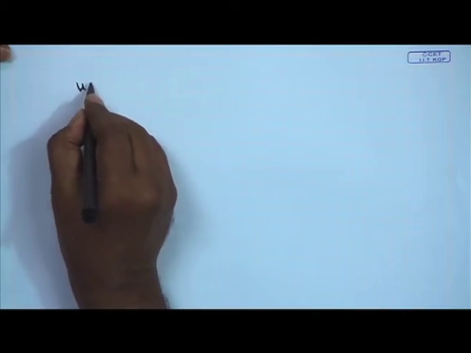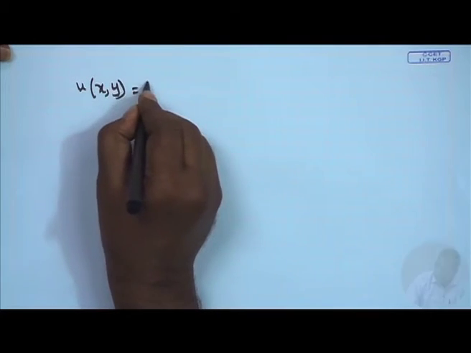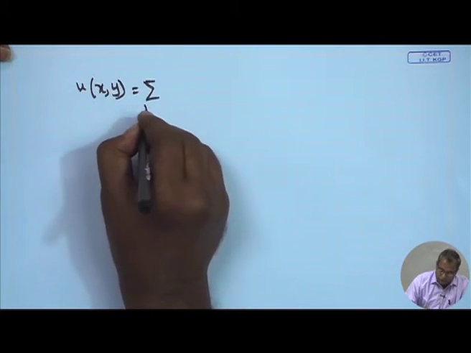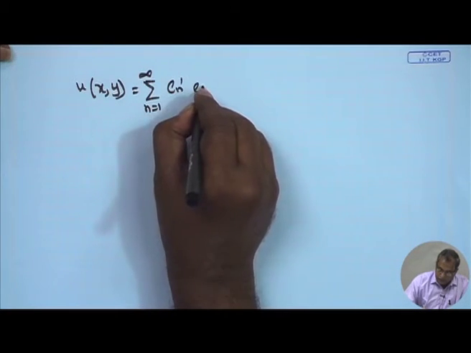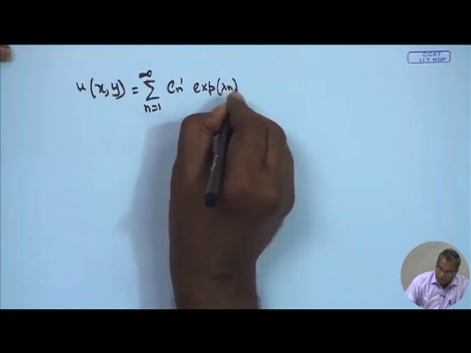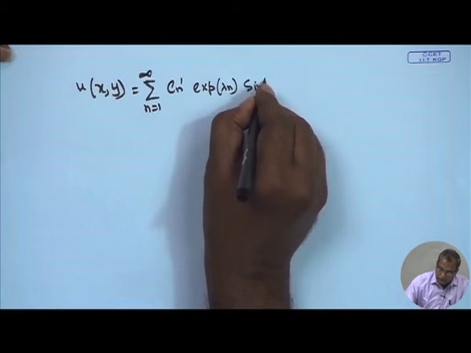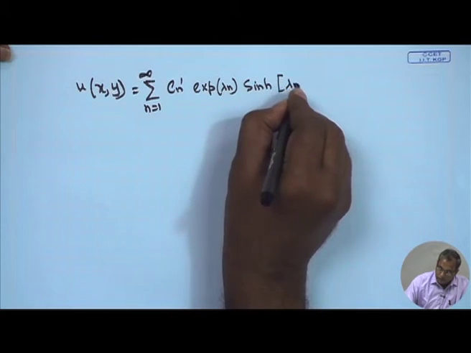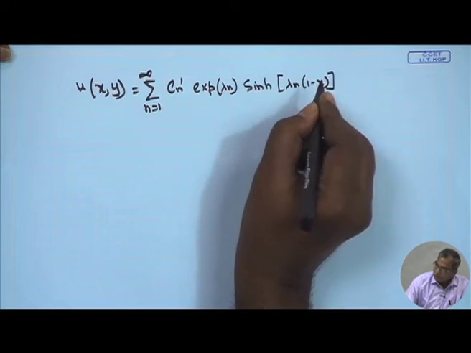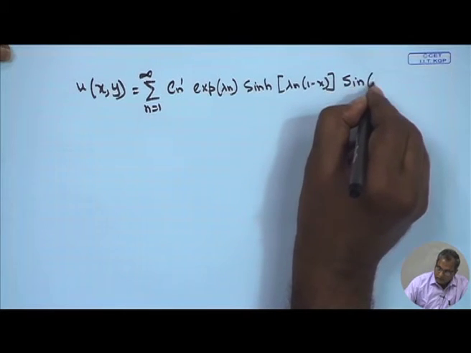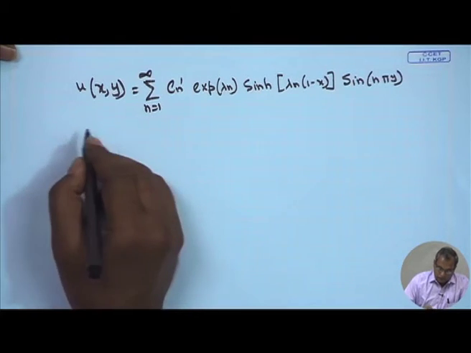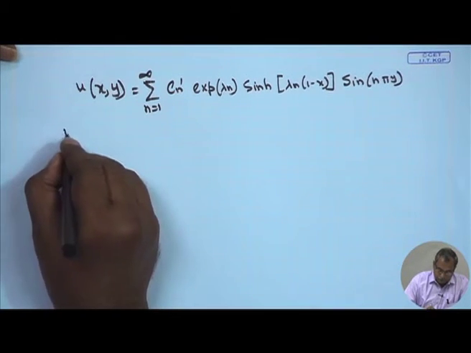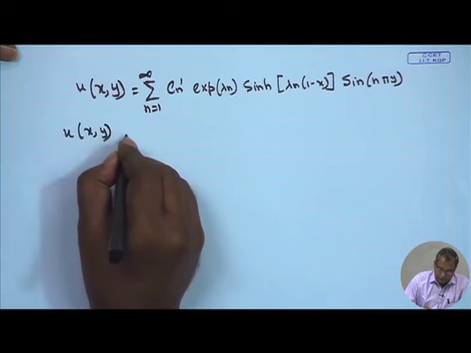So, if you look into that, the complete solution in terms of Cn prime was summation n is equal to 1 to infinity Cn prime exponential lambda n sine hyperbolic lambda n (1 minus x) sine n pi y. So, therefore, now I am going to substitute the expression of Cn prime.